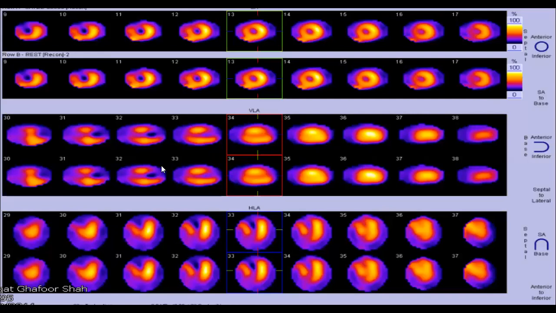So there is a large size fixed perfusion defect of severe intensity involving apical anterior and septum, mid anterior and anteroseptum, and apex.